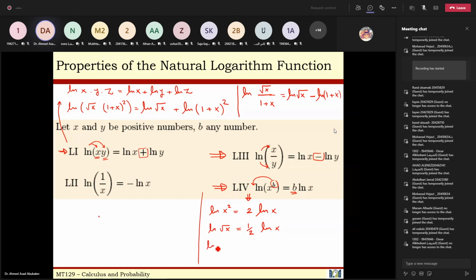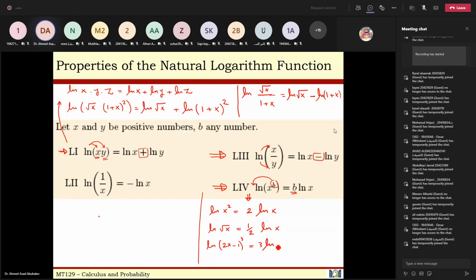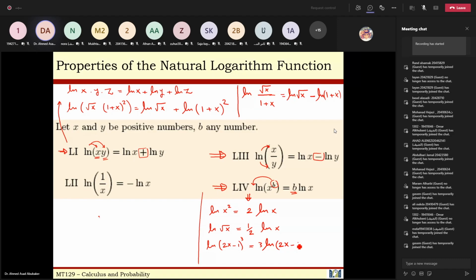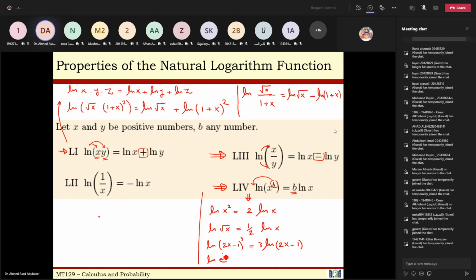If we have ln of (2x minus 1) all to the power 3, we can put the 3 outside, multiplied by ln of 2x minus 1 inside. Also, we don't forget, if we have ln of e to a power, we can remove the ln with the e, so we have 2x, like this also.